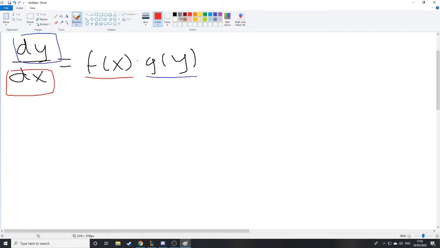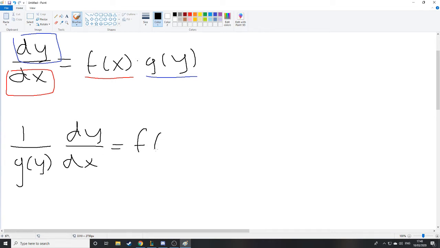We're going to start by dividing both sides by the function of y, if it's in this form, which will give us something along the lines of this. And then this will allow us to integrate both sides with respect to their own variable.